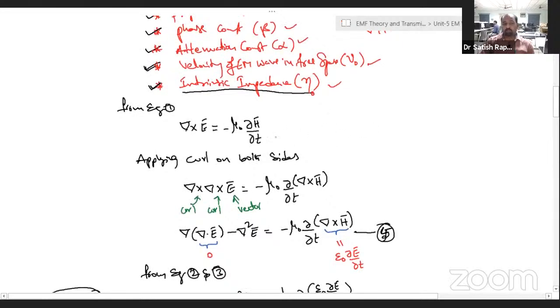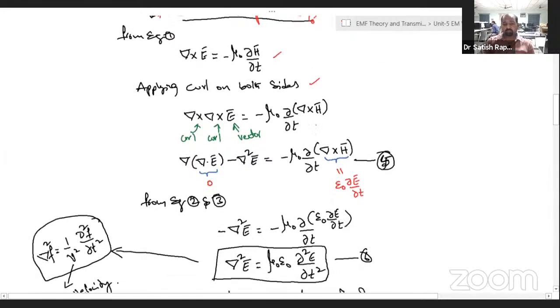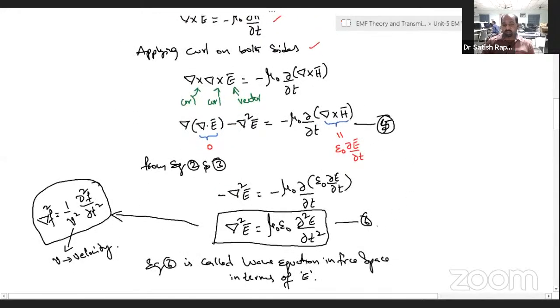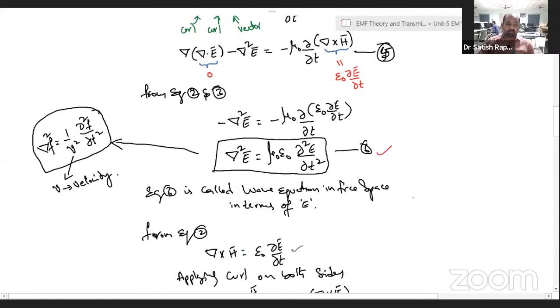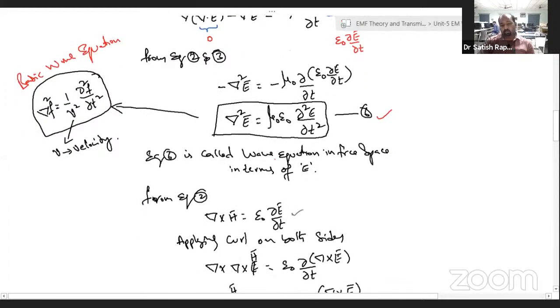Taking equation 1, applying curl on both sides, and simplifying, we'll get the wave equation. And the wave equation is compared with the basic wave equation. Equation 6 is called the wave equation in terms of electric field.